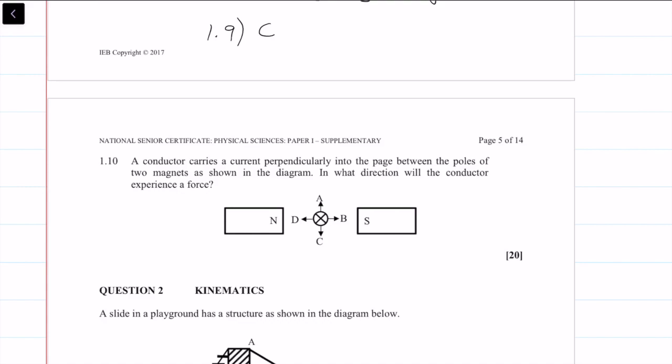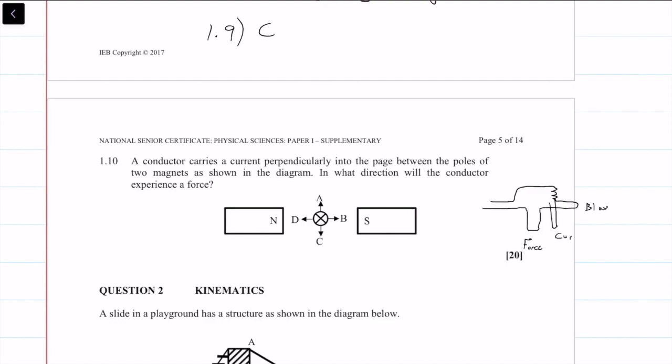Our left hand, let's draw something like that. Our middle finger is pointing into the page, because F is our force, B is our flux, and I is our current, which is our middle finger, pointing into the page.